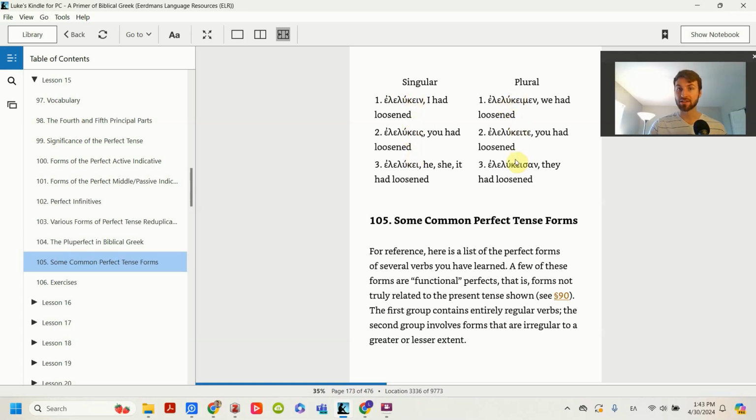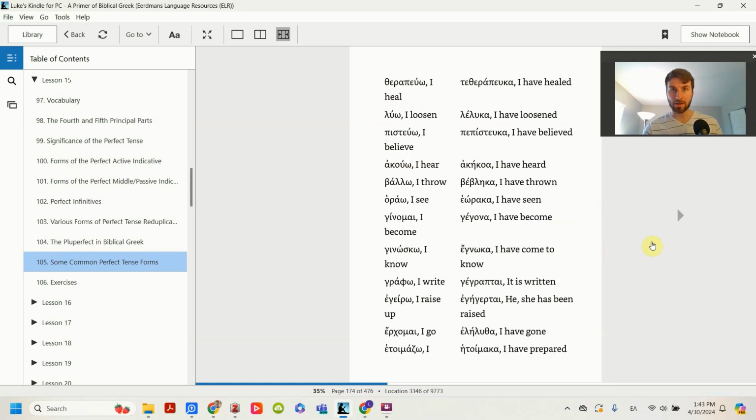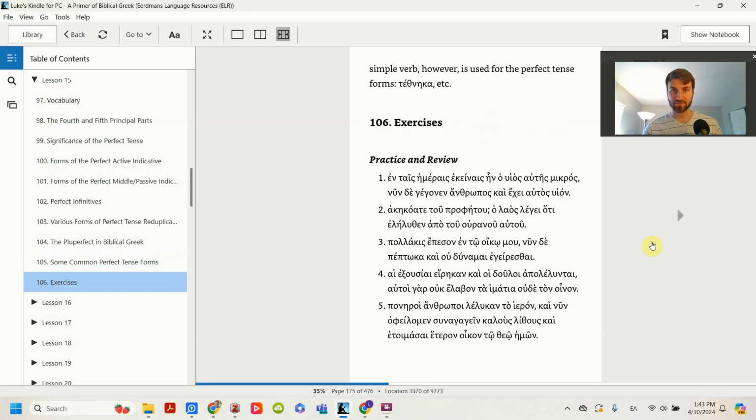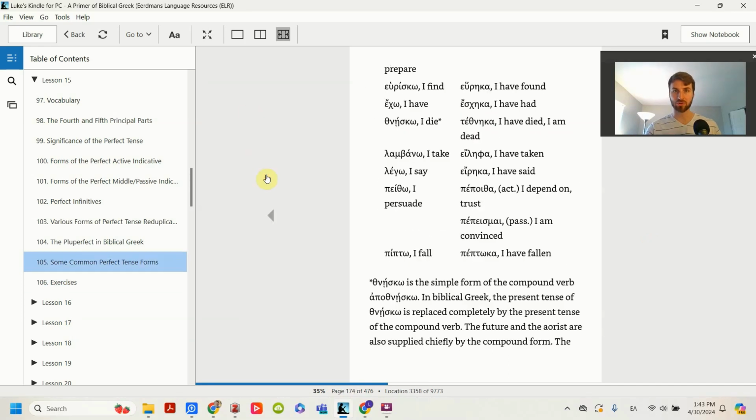And now, since it has the augment, it's a secondary tense, and so it's going to use the secondary endings. So the on, s, and omen, ete, an endings. And then it just gives you some common forms that you can see how the reduplication and added tense formative works.